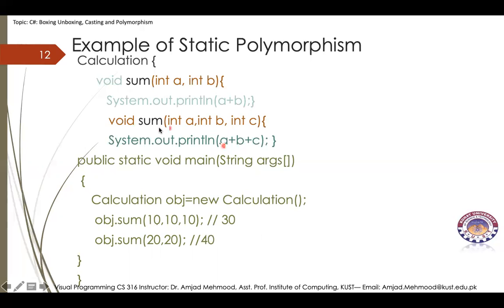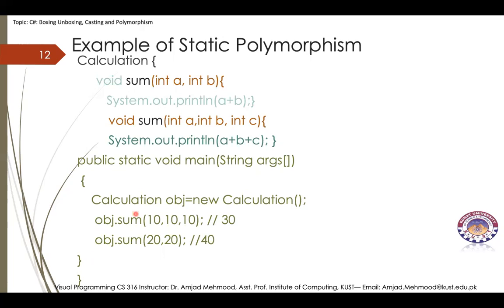And here I am binding this object and calling the two-parameter method, which is this one. This is called compile time binding, because at compile time the compiler knows which method of the class will be called. Once the compilation is done, this is fixed and cannot be changed later on.